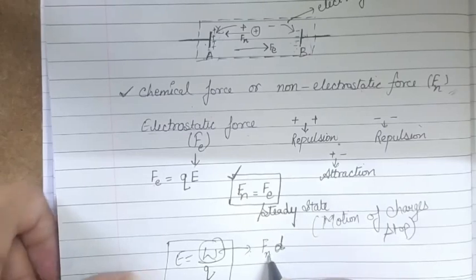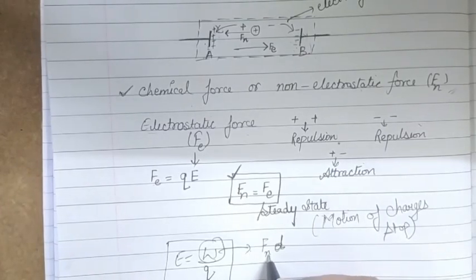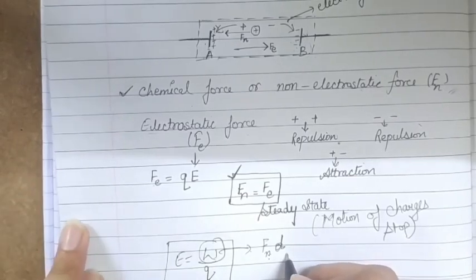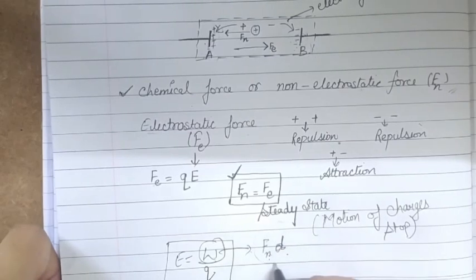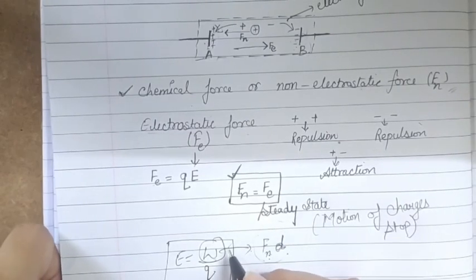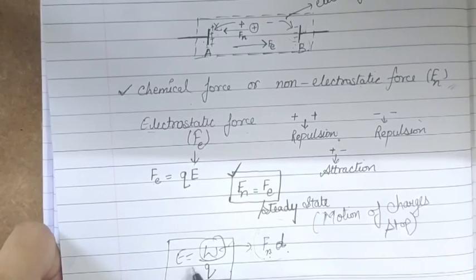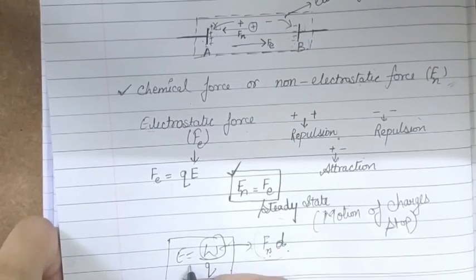Means electrostatic फोर्स से ये वर्क डन नहीं हो रहा है, ये वर्क डन होगा नॉन इलेक्ट्रोस्टैटिक फोर्स और केमिकल फोर्स से. तो Fn into d, that is displacement, जितना चार्ज मोशन करेगा, Fn into d will give work done, and this work done per unit charge gives EMF E.